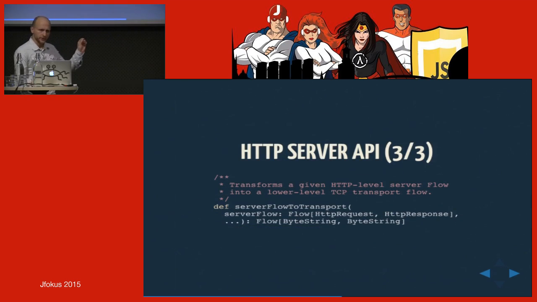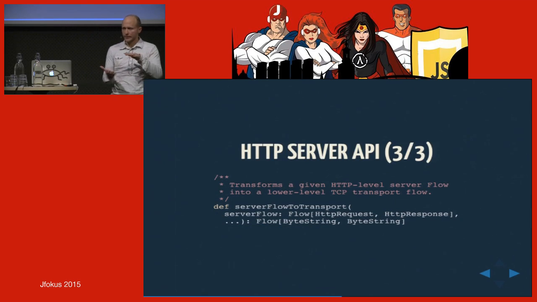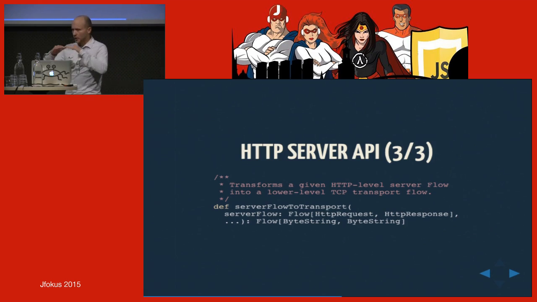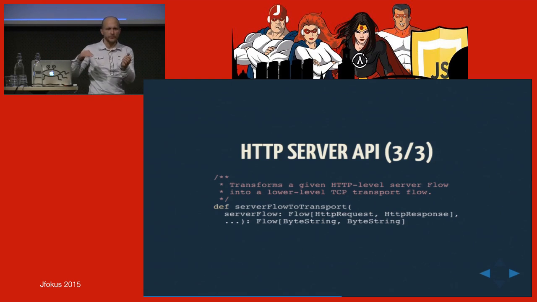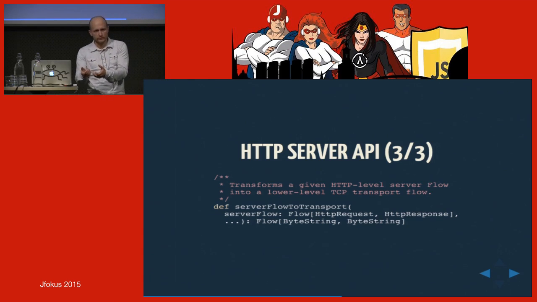There's one interesting bit, which is what I said earlier about being able to decouple the HTTP layer from all the rest. The top interface of Akka.io is more or less the exact same API, just not for HTTP request and HTTP response, but for ByteString and ByteString. A TCP server is essentially the same thing, just turns bytes that come in into bytes that go out.